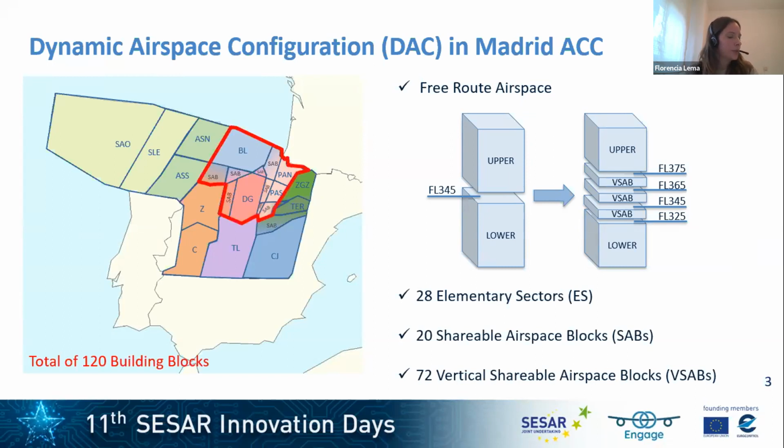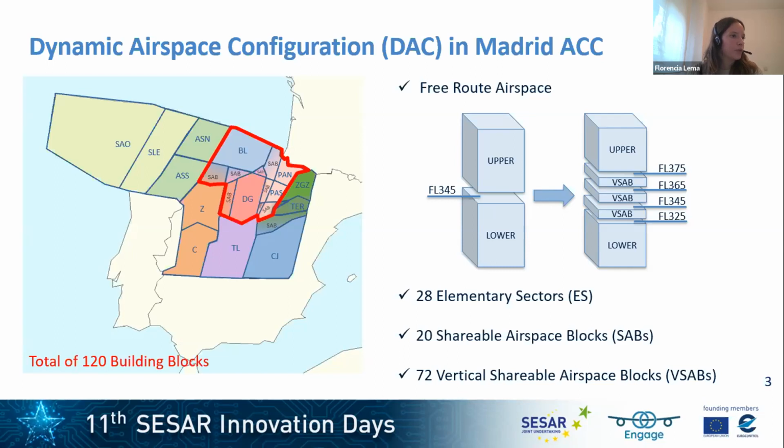In particular, in our paper, we are going to focus on this area highlighted in red. It's characterized by a high air traffic density and complexity peaks. The objective will be to find the optimal configuration plan for this area.